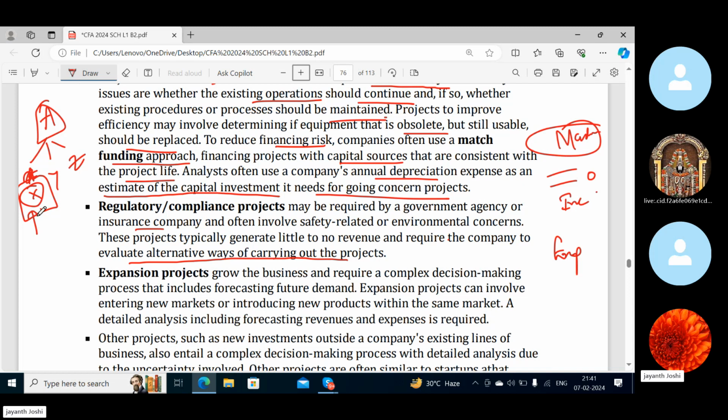Okay, let's say government is spending a good amount of money for environment purposes, and let's say the government has come out with an insurance company, which is a government funded insurance company.